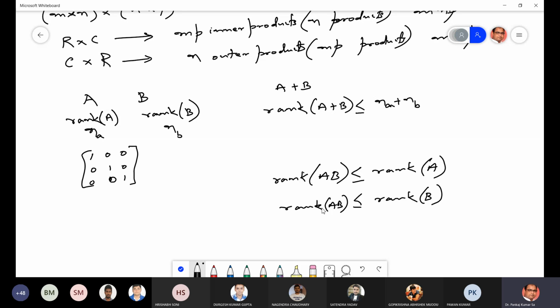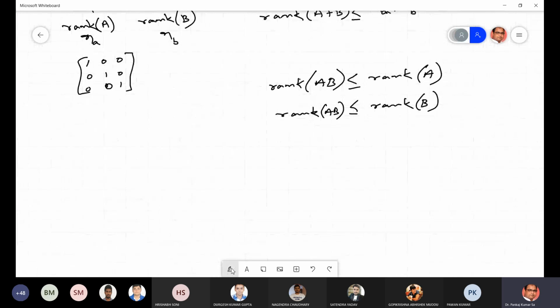In another way, we say that the columns of AB are a combination of the columns of A, and the rows of AB are a combination of the rows of B. Or if I take the C notation, it is C of AB, where C here does not mean a C matrix, it means the column space.